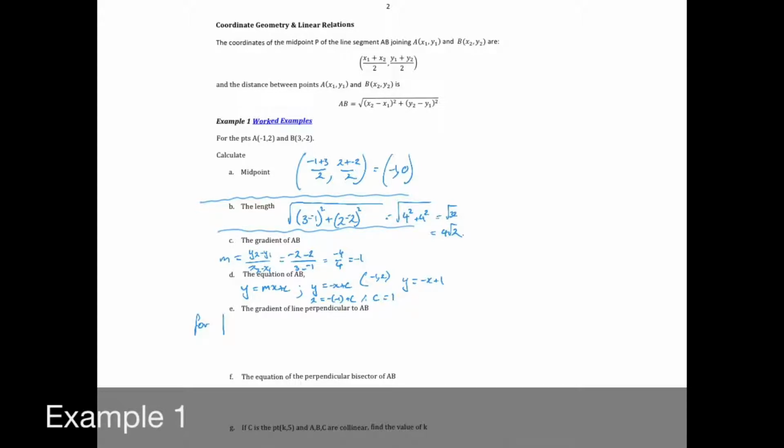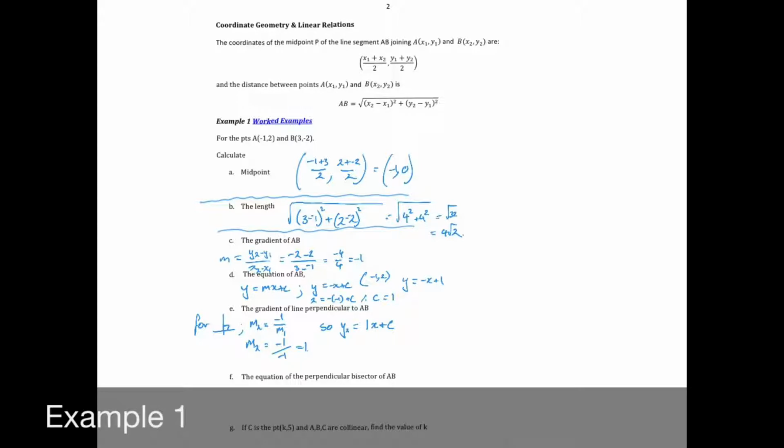Now for perpendicular lines, remember, this little symbol is for perpendicular, the product of the gradients is equal to negative 1, which means m2 is equal to negative 1 over m1. So the gradient of our line was negative 1, so negative 1 over negative 1 is positive 1. So the gradient of my perpendicular line is positive 1. Again, y equals mx plus c, so in this case m is 1, so y is equal to x plus c.